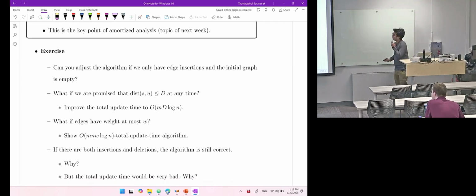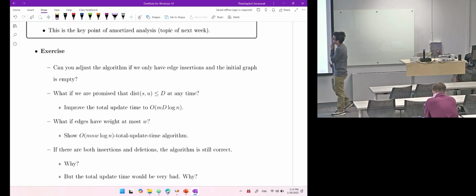So next, instead we have an unweighted graph. If edges can have weight at most w, an integer, can you show me the algorithm that takes mw time?